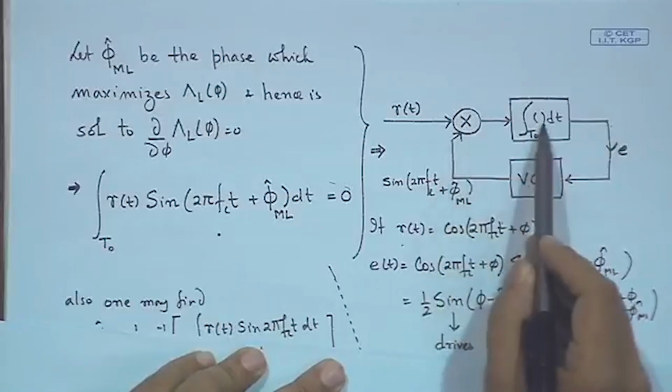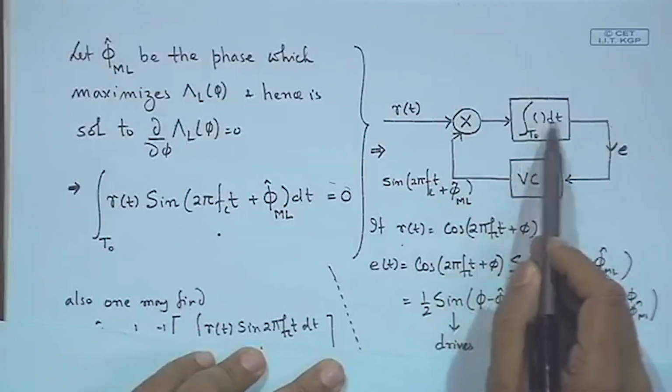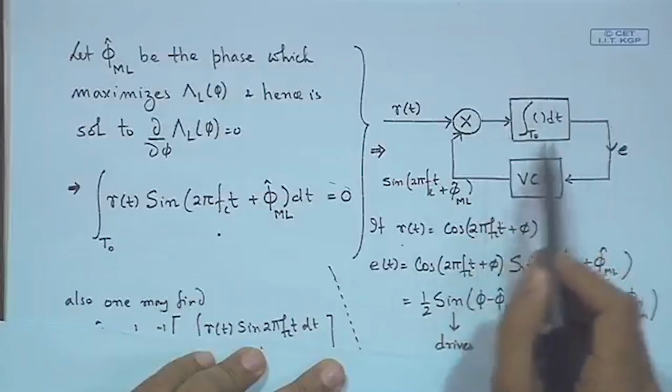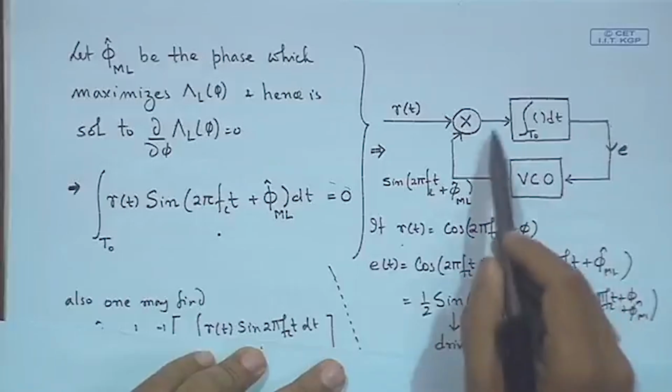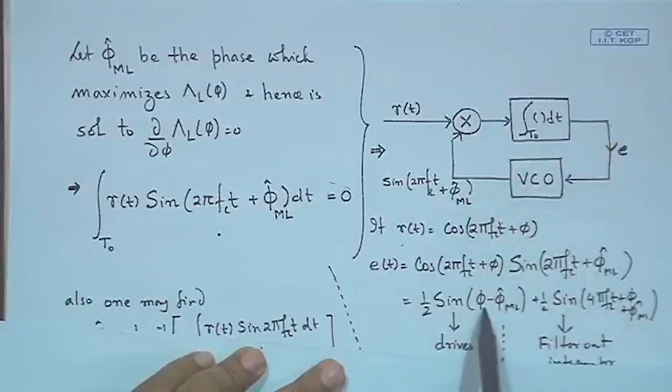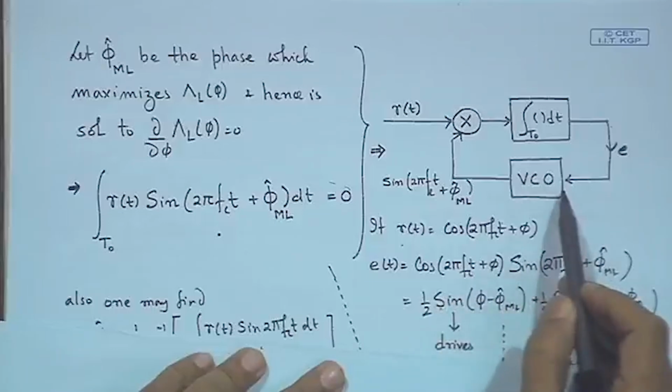Now, since you are passing through the integrator, right, this acts like a loop filter and it filters out the high frequency component. So, what is left is just the sine of phi minus phi_ML, and if this angle is very small, this can be approximated as phi minus phi_ML, and this is the error term which drives the VCO, right.